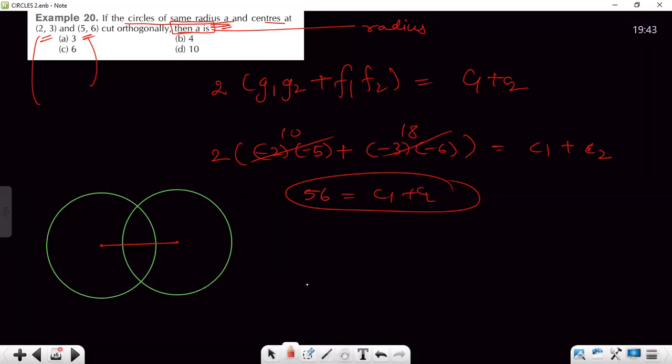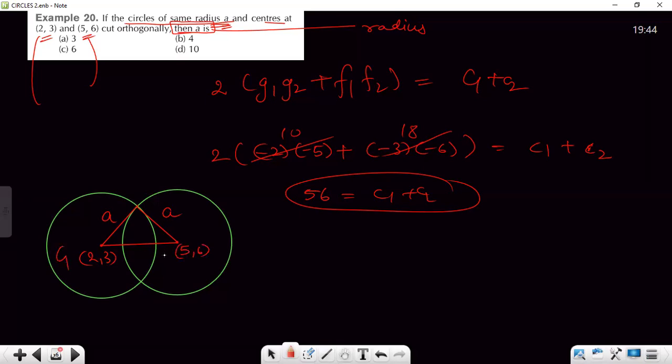Now their radius is the same, so this is also a radius, this is another radius. The radius is A. The centers are (2, 3) and (5, 6).